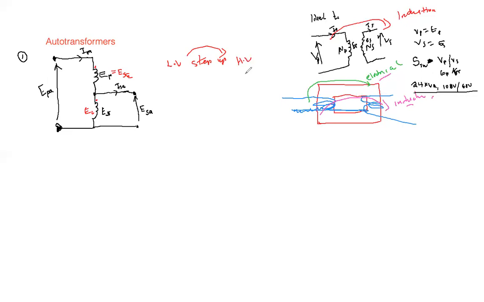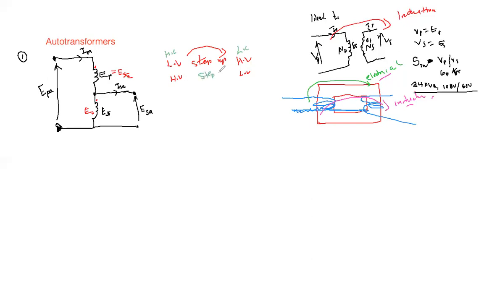But if it's a step down, you will see that we have a higher voltage here, and on this side we have a lower voltage. But if you check the values of the currents, on a step-up transformer we have a low current here, and then here we have a higher current.